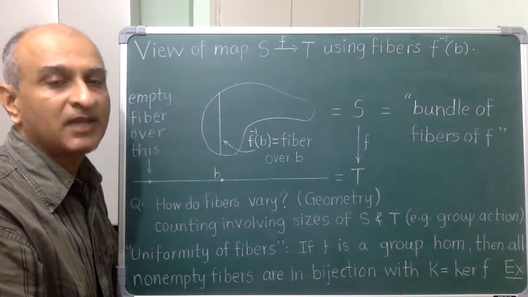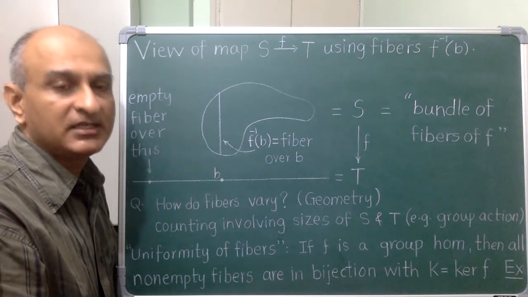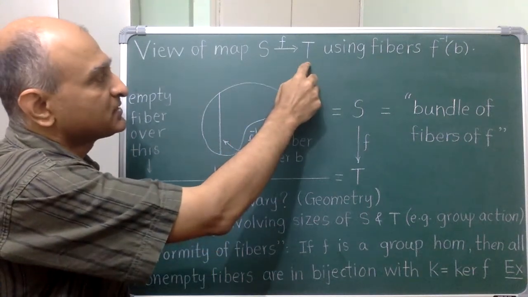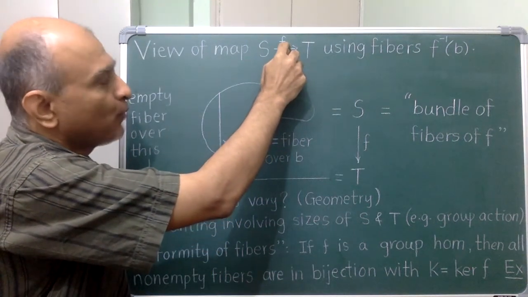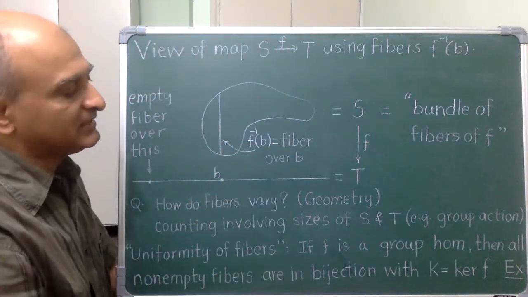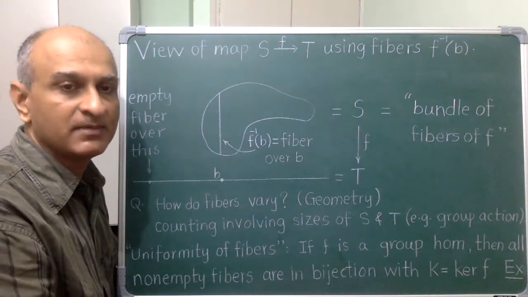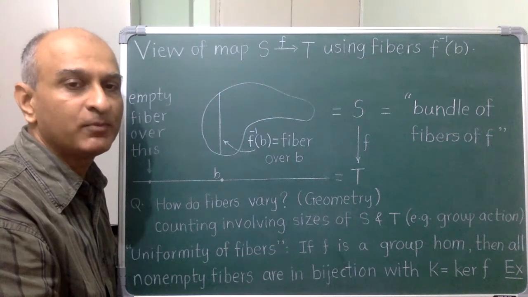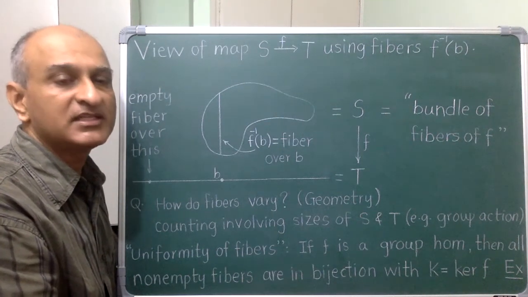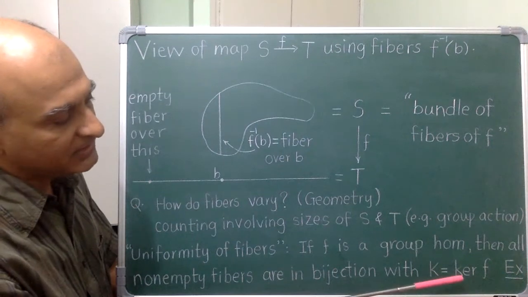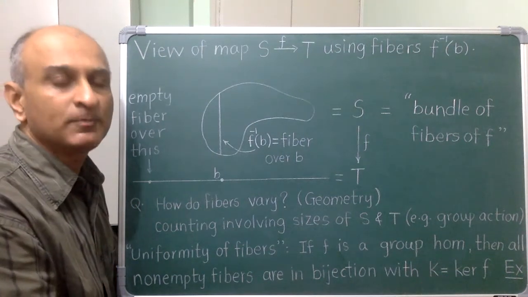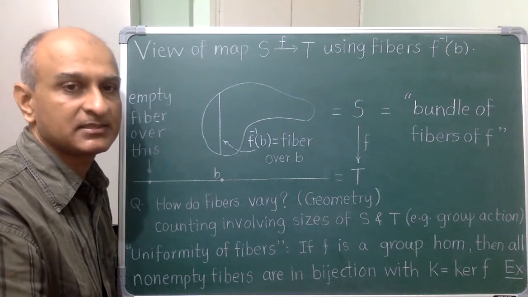Okay, but in our situation, it is much simpler. Suppose S and T are groups with F a group homomorphism. In this case, all non-empty fibers are uniform. What that means is that they can all be put in bijection with a special fiber, namely the kernel of F. This is not difficult, so please do this as an exercise.